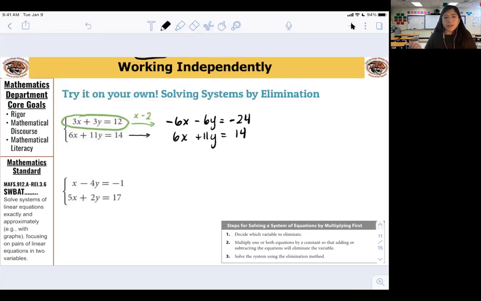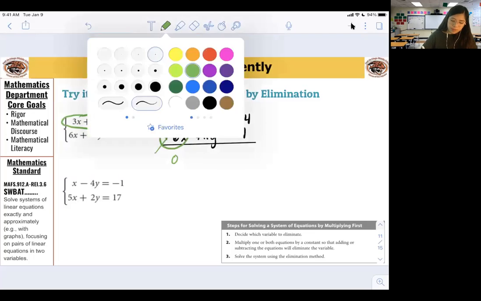Now that I have created my opposites, I can add or subtract or whatever it's telling me to do. Remember, it just depends on what is there. Since I had a +6, I'm adding. But what does that mean? What happens with my x's? They cancel out. Yeah, these cancel out.